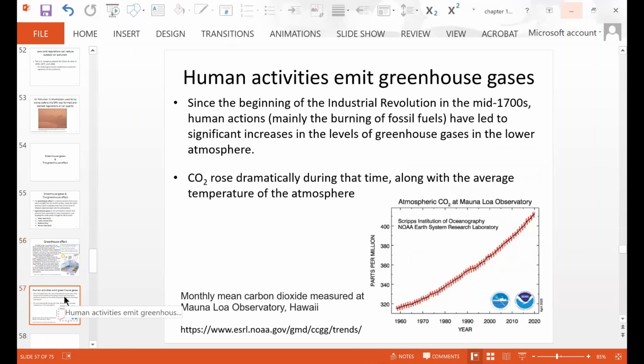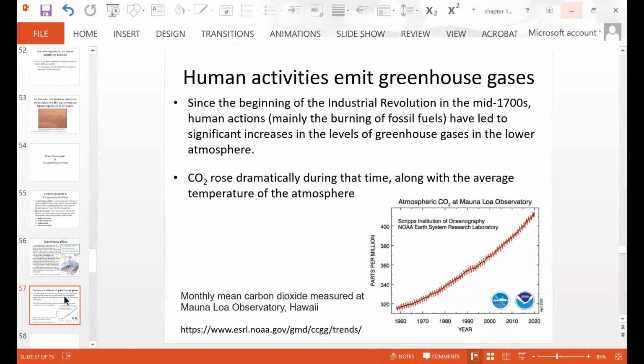Since the beginning of the Industrial Revolution in the mid-1700s, human actions, mainly the burning of fossil fuels, have led to significant increases in the levels of greenhouse gases in the lower atmosphere.